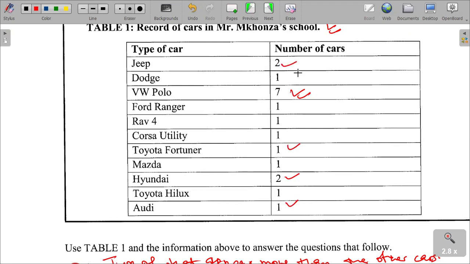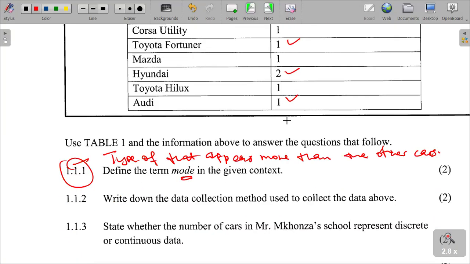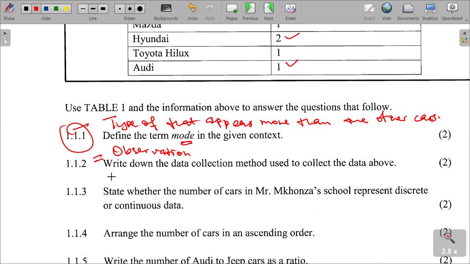Write down the data collection method used to collect this data. This was done through observation. I'm sure we can agree together there. He went out to observe, and he saw that these are the types of cars that are available.